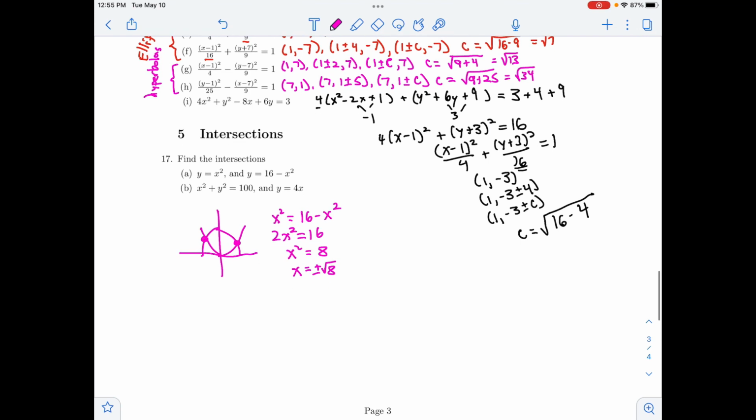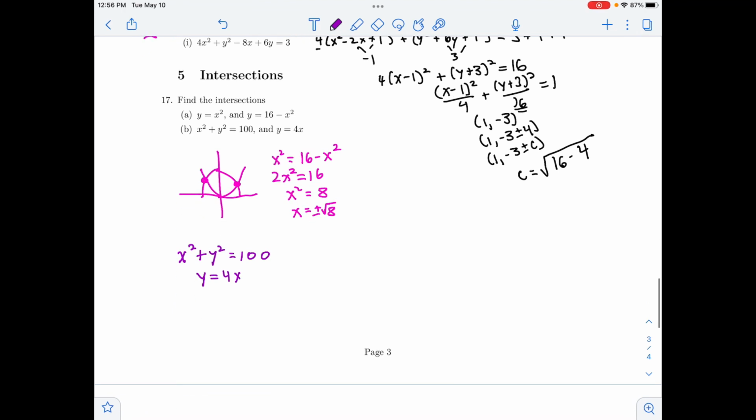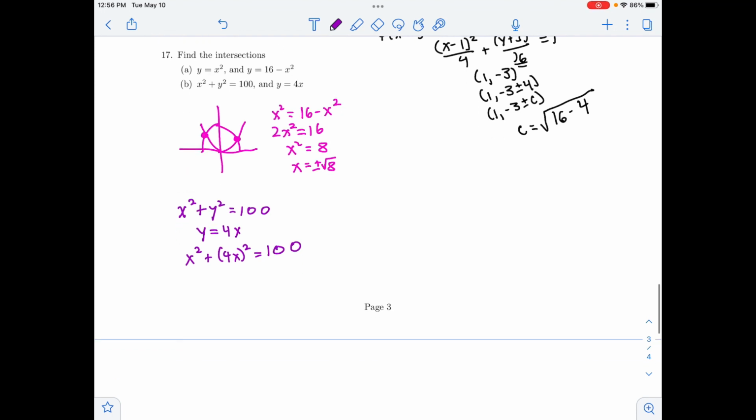Now for the next one, we've got x squared plus y squared equals 100. And we know that y equals 4x. Okay, so let's see what this looks like. We've got x squared plus 4x squared equals 100. See, I just put a 4x in place of y.